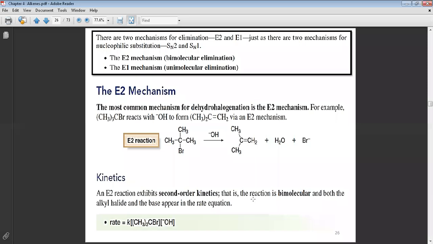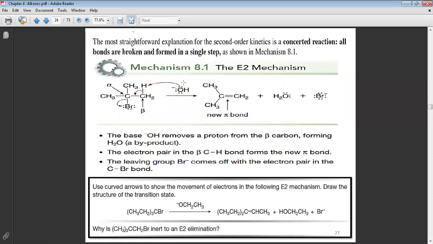That means the reaction is bimolecular, and both the alkyl halide and the base can affect the rate of the reaction; both will appear in the rate equation, this equation, أو معادلة.